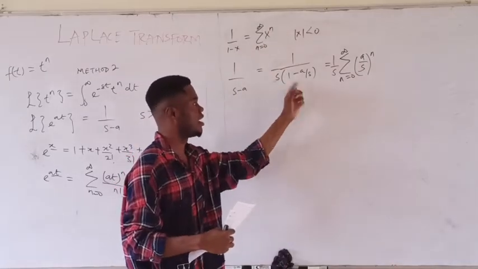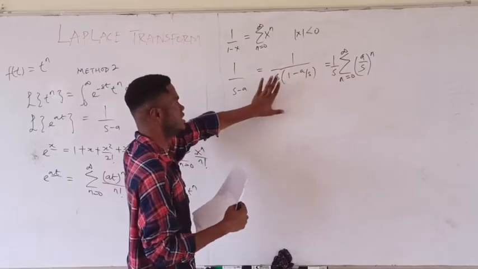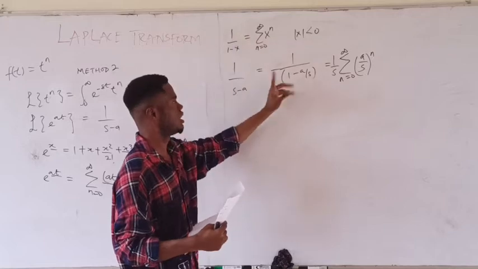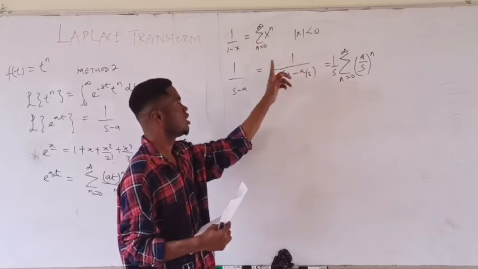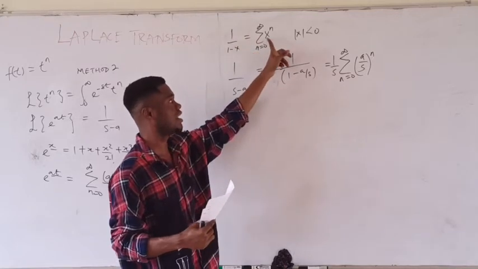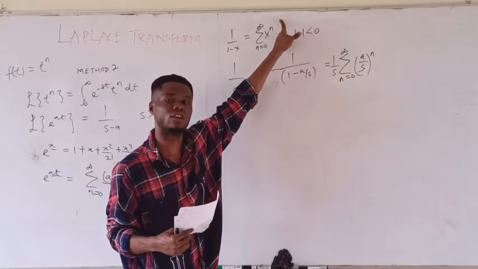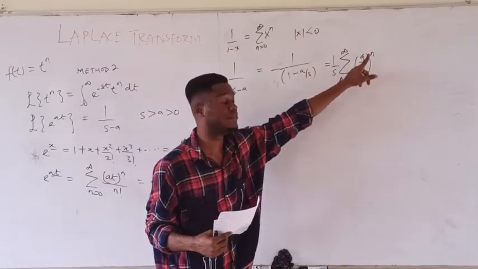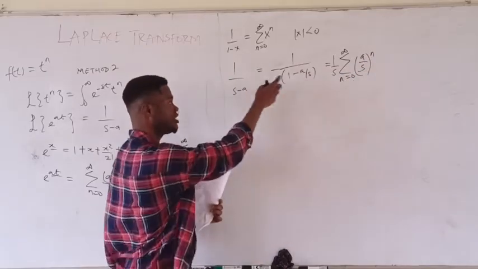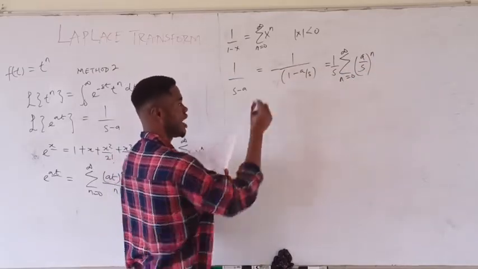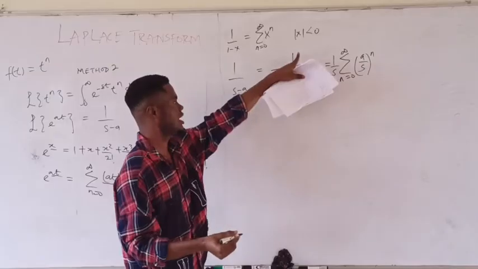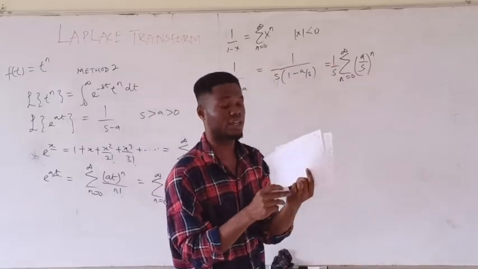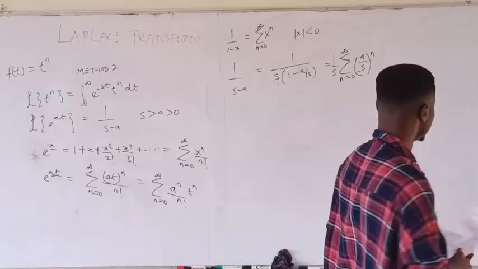The same idea applies when, let's assume that this s was not here. Let's compare these two. If you have this, x will take the value of the n; the same way if you have this, a over s will take the value of the n. But the difference between this and this is that in this situation, the s was present, so I have this 1 over s outside of this function.